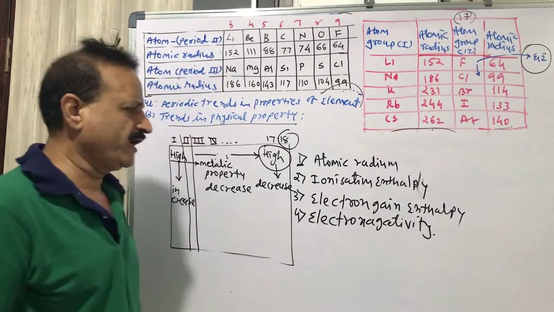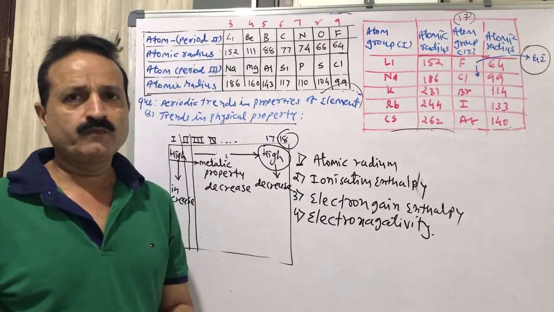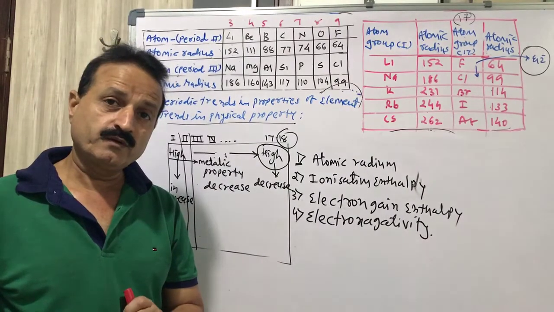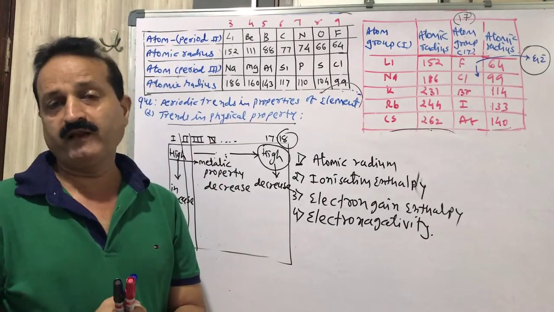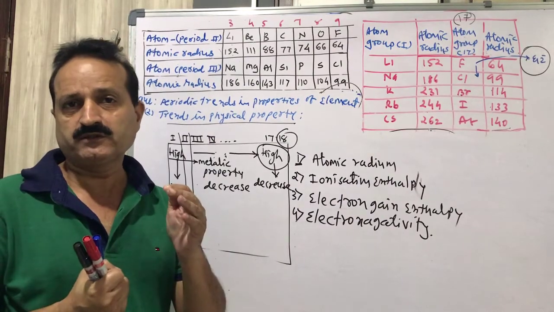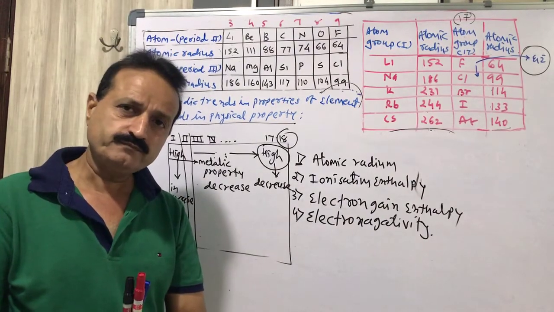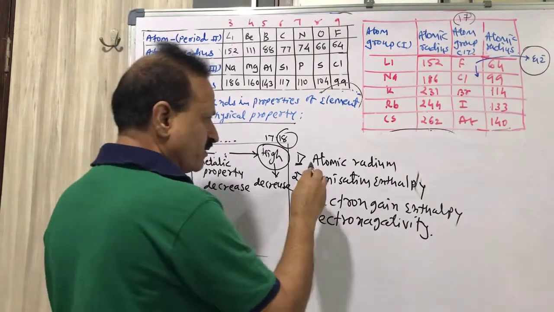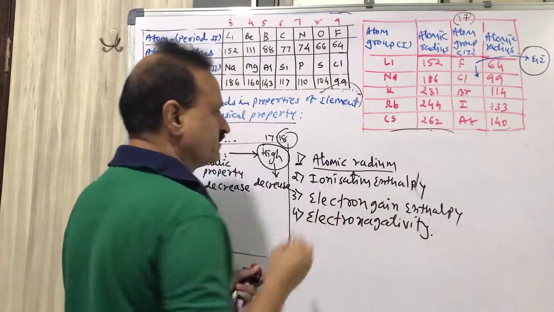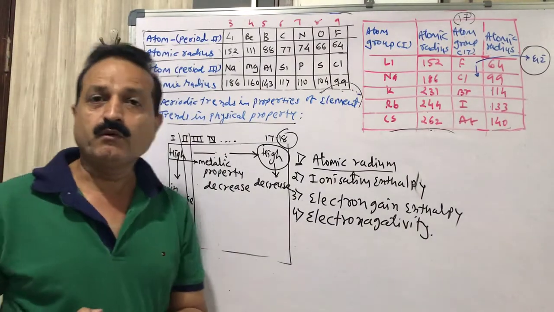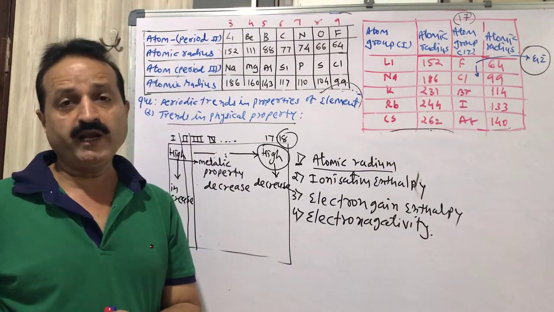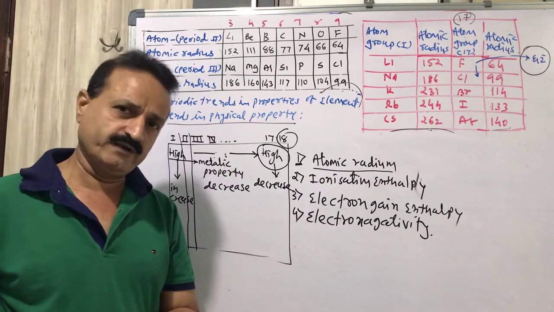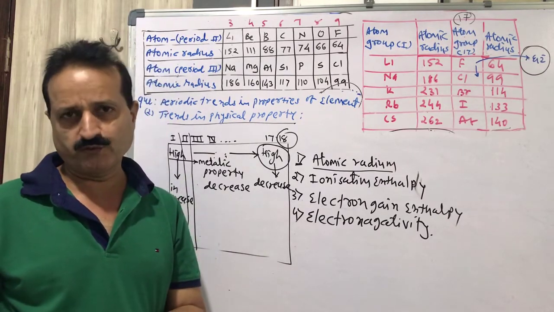These four are very important physical properties of element that are discussed in your textbook. So first we will discuss the atomic radius of atom or element. A very important topic.